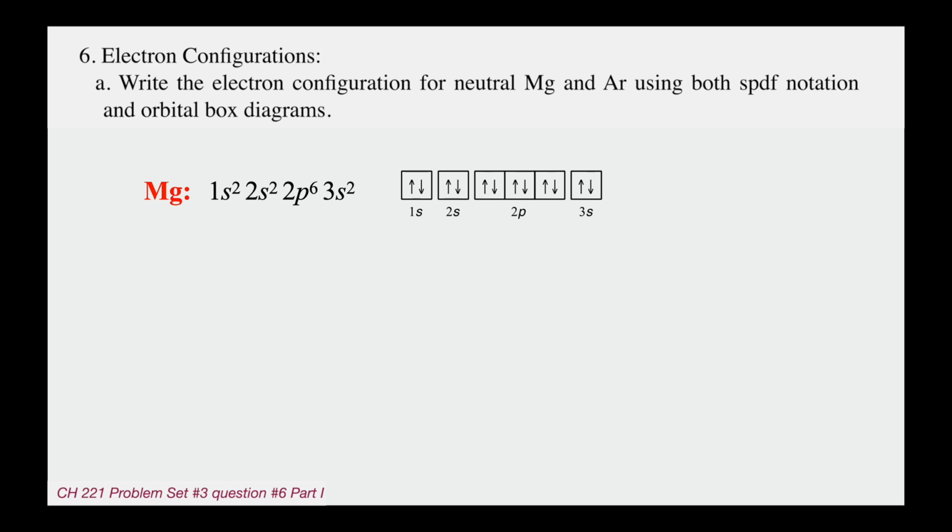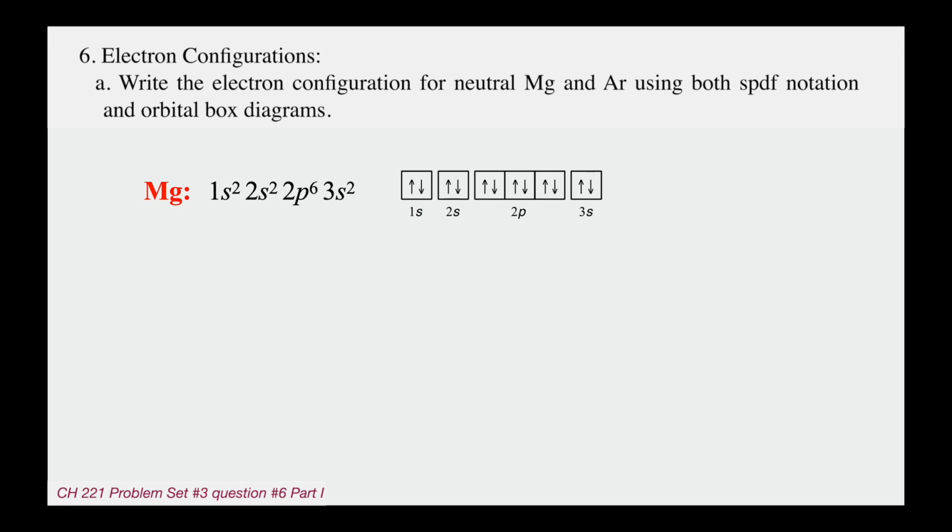You always start with 1s, and you work your way then to 2s, 2p, 3s, 3p, 4s, 3d, etc., according to the Aufbau diagram. So if you're new to this, I highly recommend that you follow the arrows on the Aufbau diagram. We will always start with 1s, and then we'll move to 2s. The other thing is that s's always hold 2 electrons.